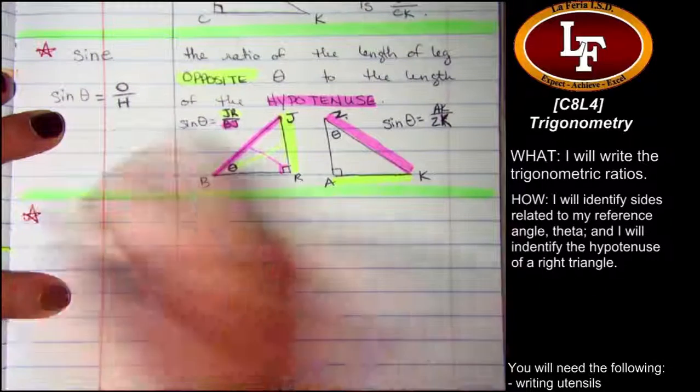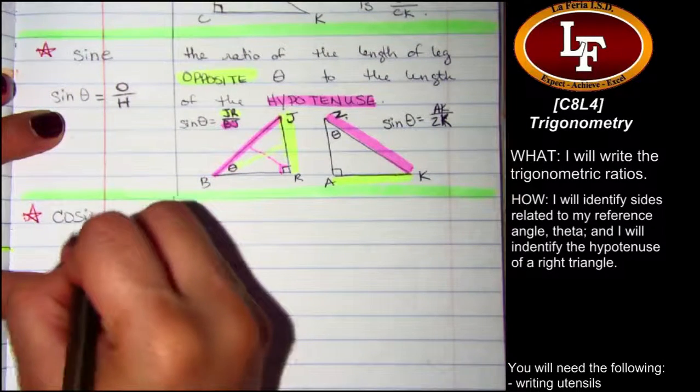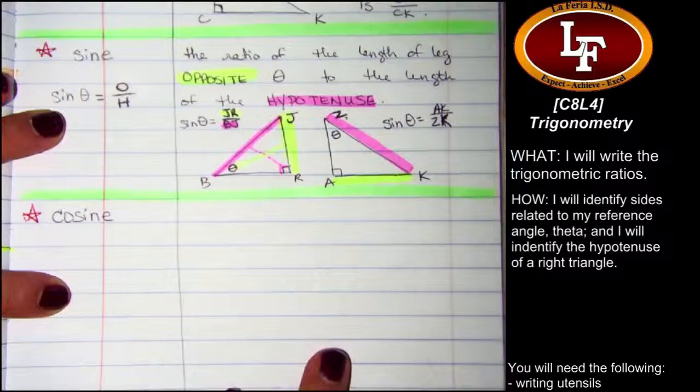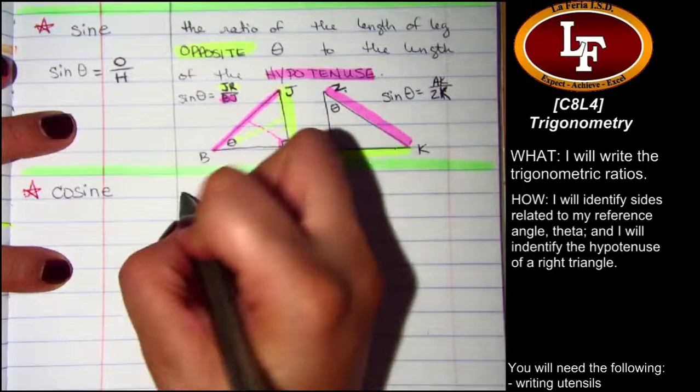Let's look at cosine. Our next trigonometric ratio is the cosine, spelled just like sine, but we're going to put the word co in front of it.